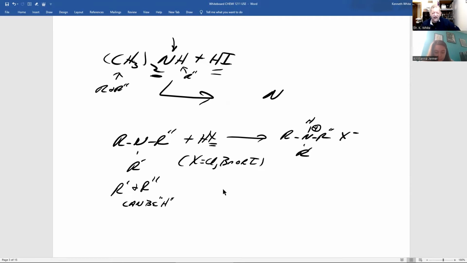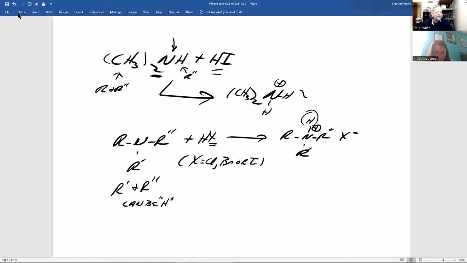What's attached to nitrogen, and I'll write it this way. R prime and R double prime are still there, or R and R prime. R double prime is a hydrogen. We'll add one more hydrogen.